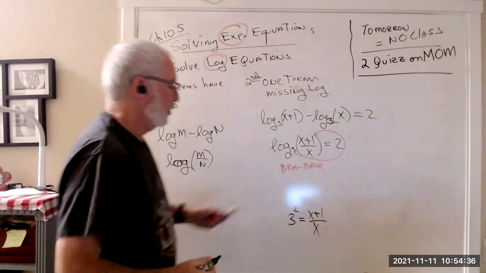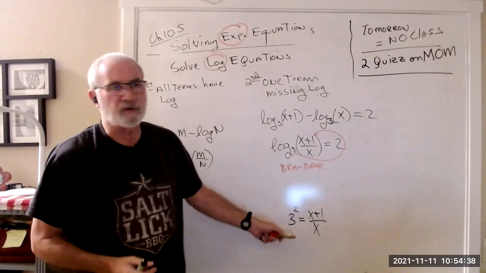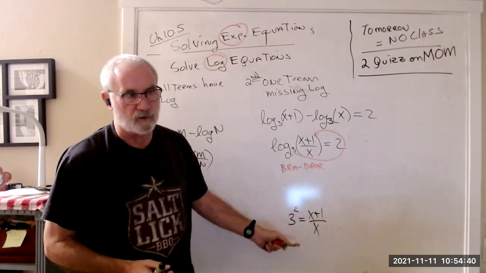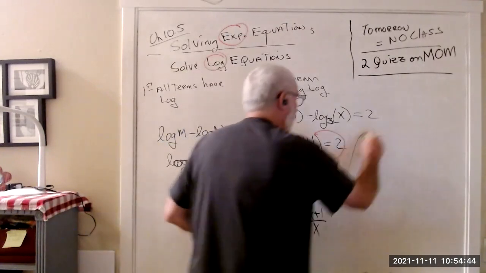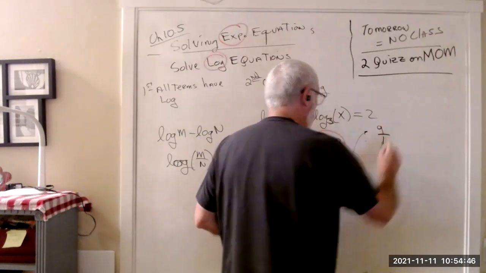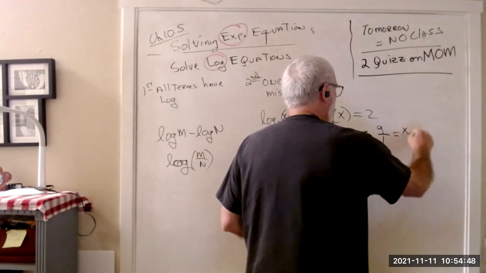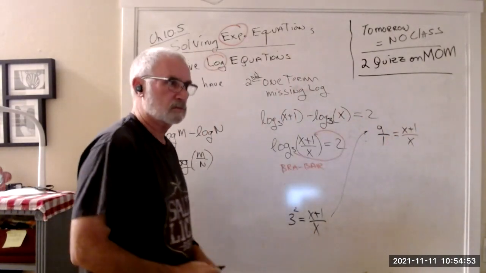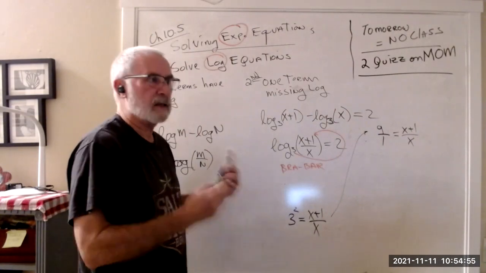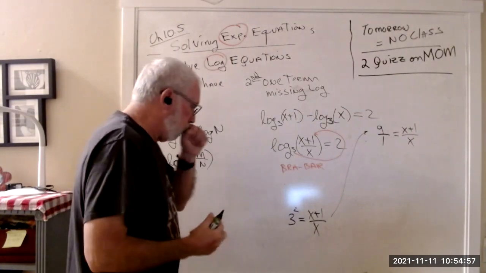Okay, so now this is just a basic problem for you to figure out how to solve. Personally, I'm going to call this 9 over 1 equals x plus 1 over x, because I like proportions.